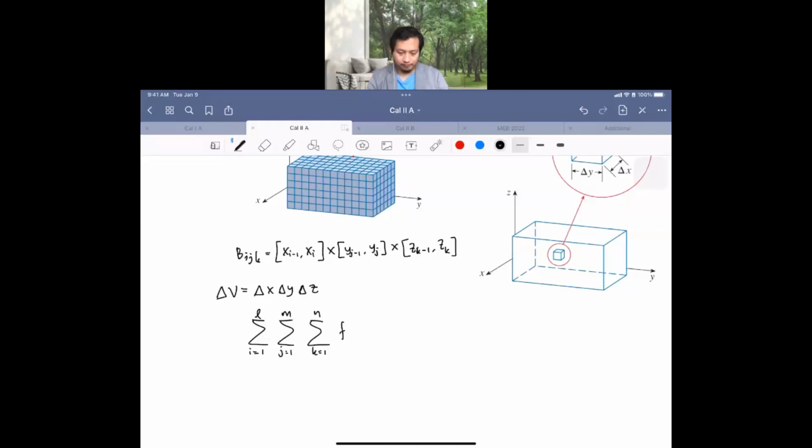And we have the function f at x ijk, y ijk, z ijk, and then multiply with the delta volume, where this is a sample point in the box ijk.